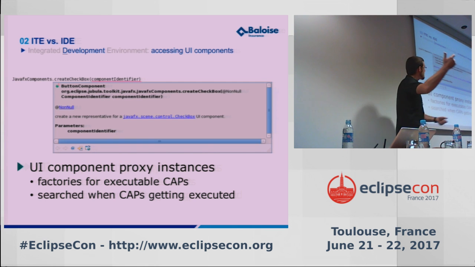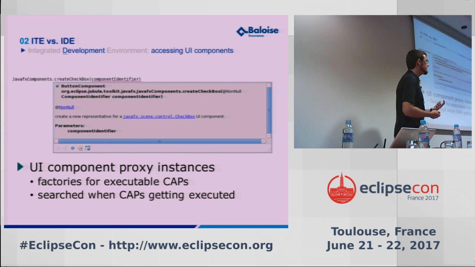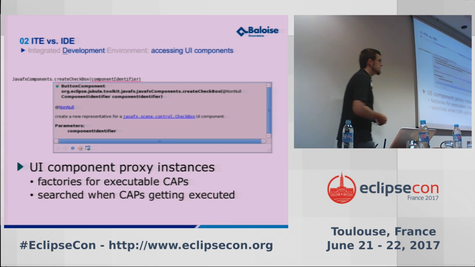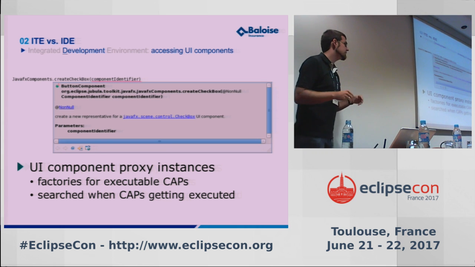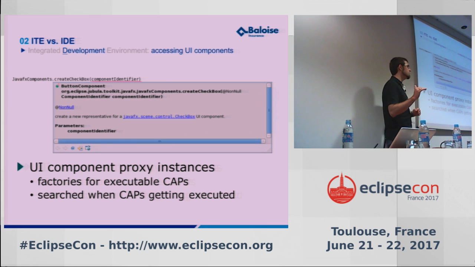The next thing is you pass that to a toolkit-specific factory to get a proxy instance for that component. And this proxy instance allows you, with other factory methods, to create cabs, executable cabs that are executable on a connected AUT connection.